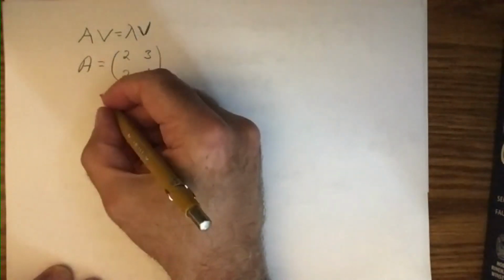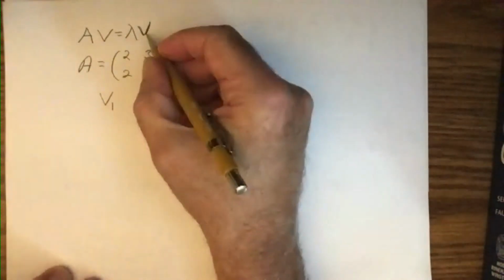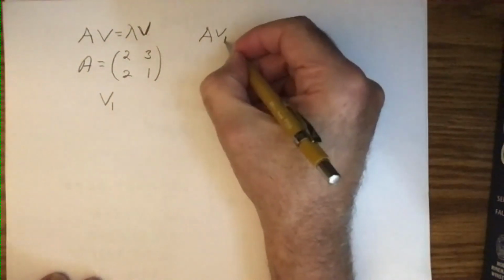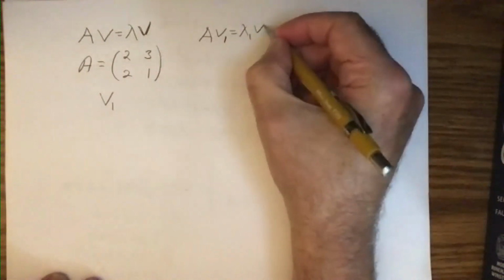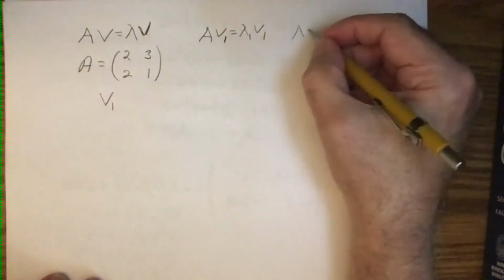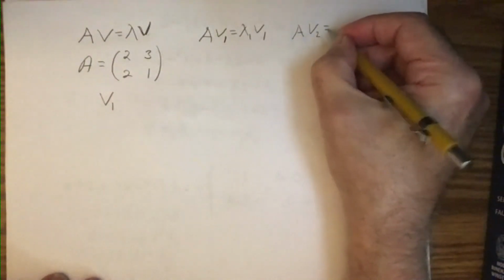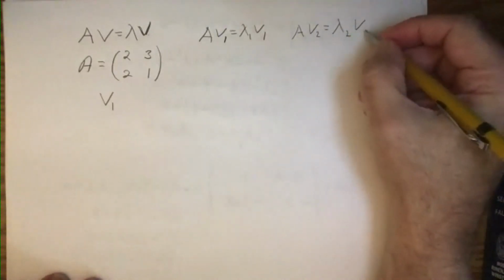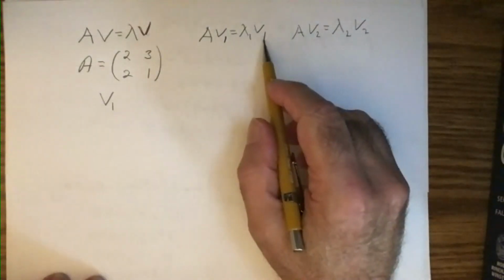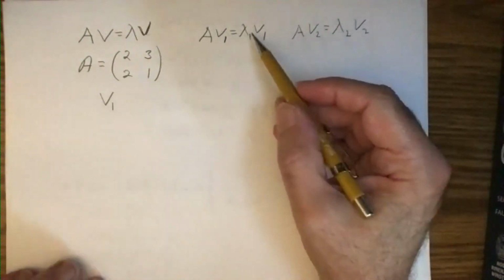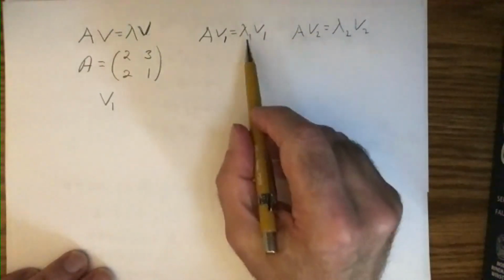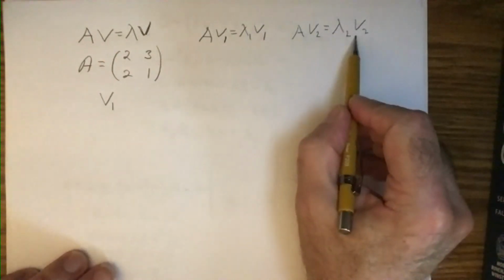Well, let's say I want to find V1, right? I'm going to have an eigenvector associated with eigenvalue 1, and I'm going to have an eigenvector associated with the eigenvalue 2, right? So make sure you don't mix these up. You won't get the right solution to our differential equation if we have the eigenvalue 1 with the vector 2 when we actually write out the solution.